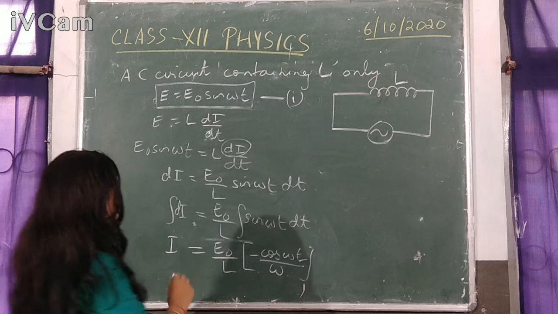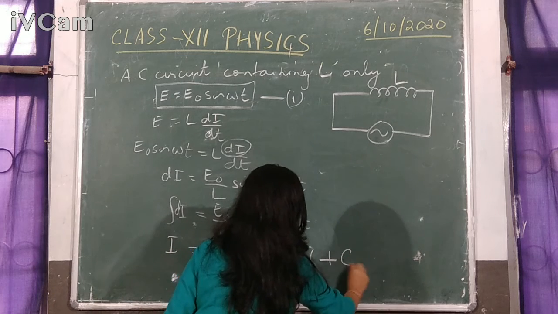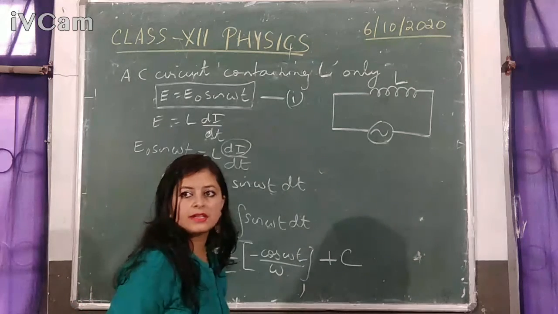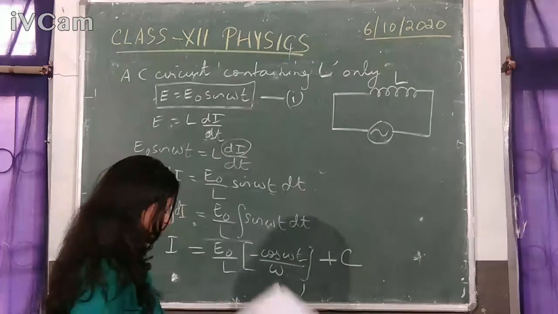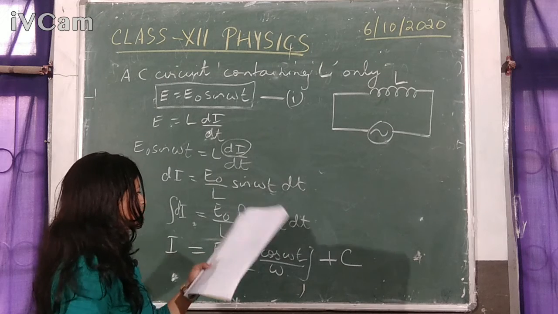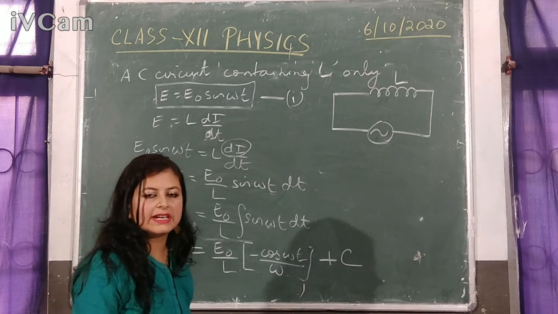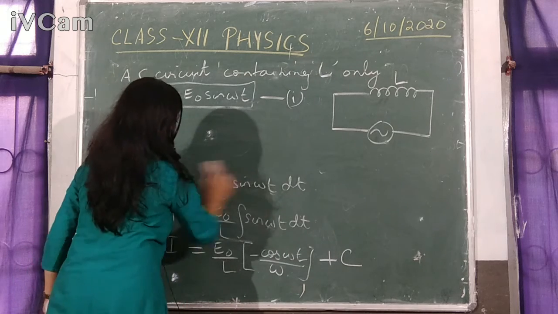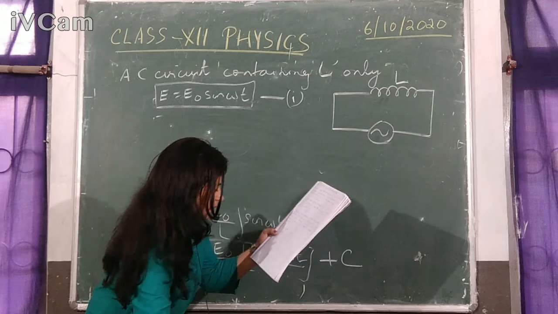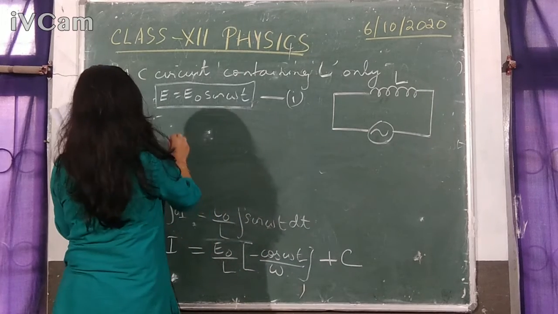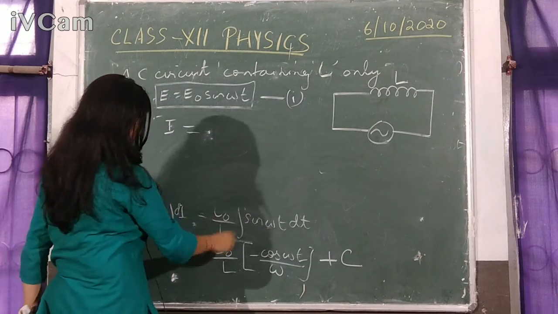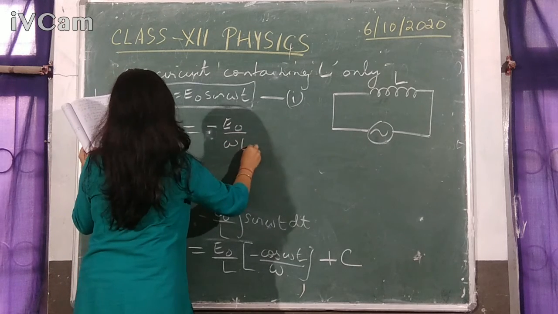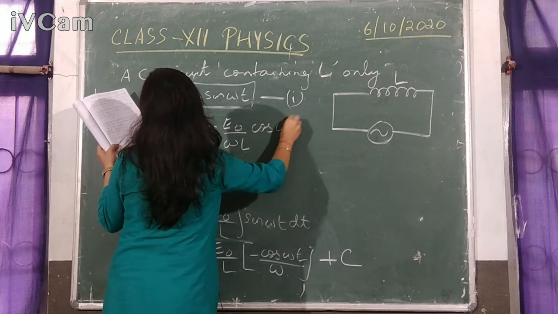Of course, since we have not taken the limits of integration, we are going to add a constant, but at time t equal to 0, the value of the constant comes out to be 0. This constant term is not dependent on time, so we can take it as 0. Then in the next step, I will be equal to minus E naught by omega L cos omega t.